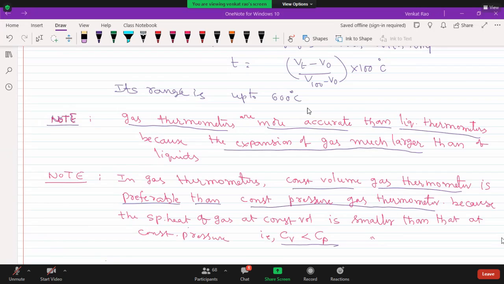Sir, can you repeat the values? Let x and xtr be the values of the quantity.